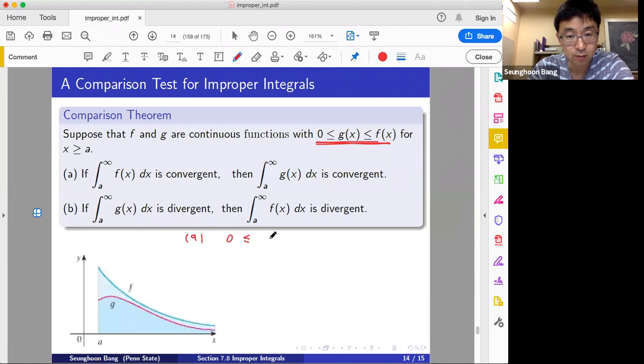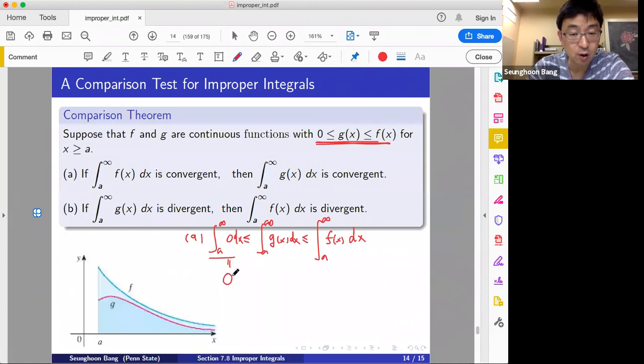0, g of x, and f of x. You can take the integral of each side, a to infinity dx. The inequality doesn't change. What's that?